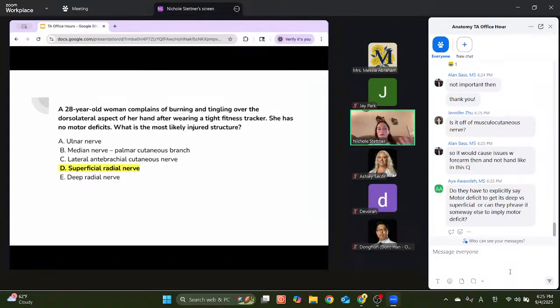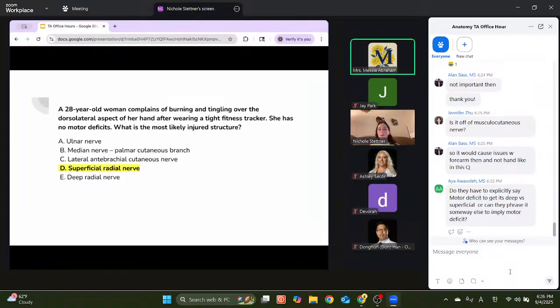I'm sorry if it caused any confusion. In my mind, I know where the radial nerve is on the body and how it passes through. By the time it gets to where the superficial radial nerve is, it's more superficial and it only does cutaneous sensation. So that's just how I process it.